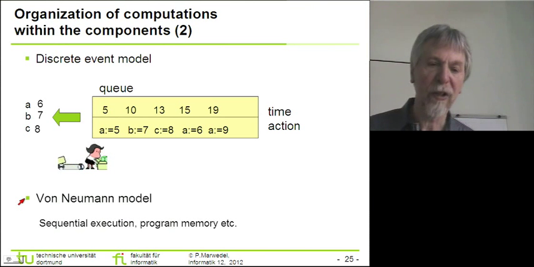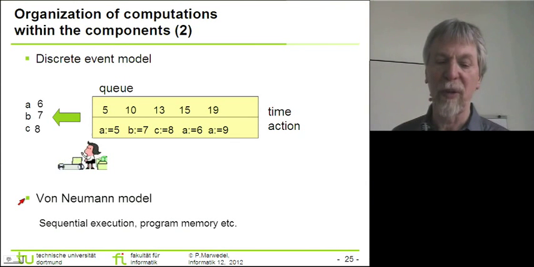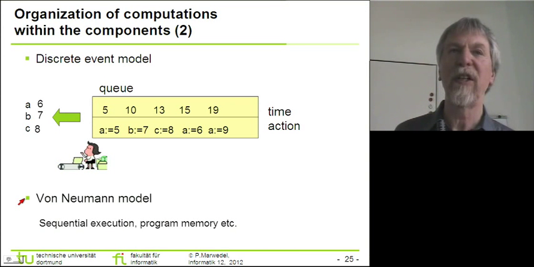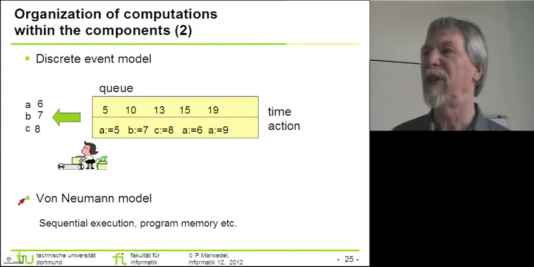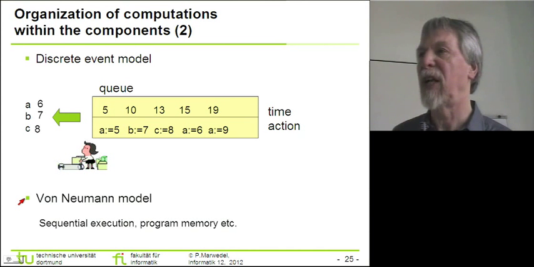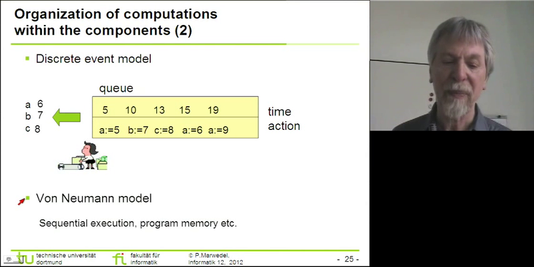Then there's the third type of model that we can use there within the components. I'd like to mention the von Neumann model, which is the standard model of computation that most of you are using whenever you're writing a program in a standard language such as C or C++ or Java.